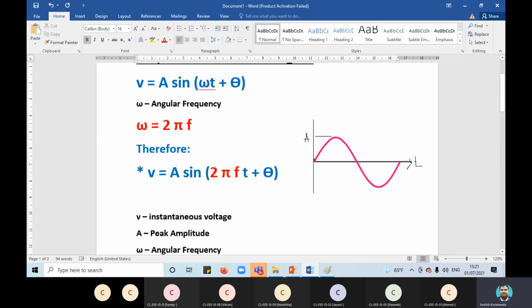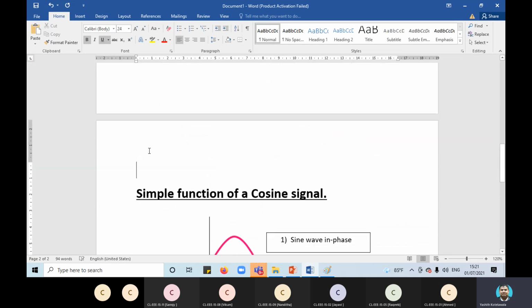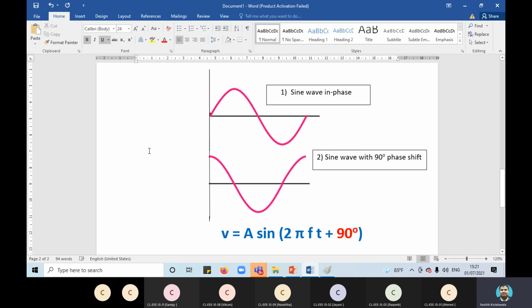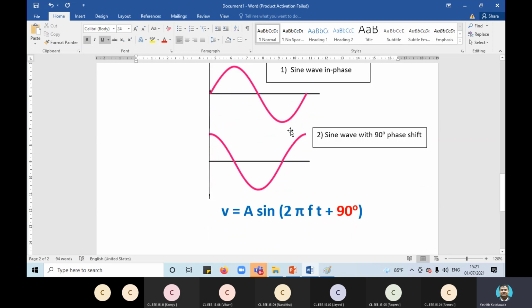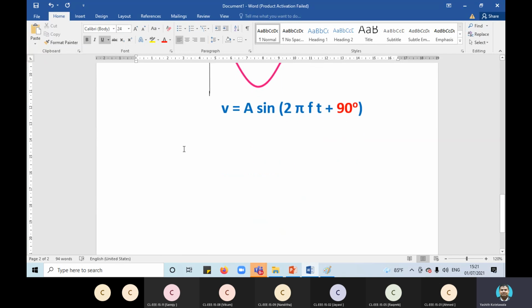So with that we are moving to the simple function of cosine. Here we have a sinusoidal signal, and this is the equation.